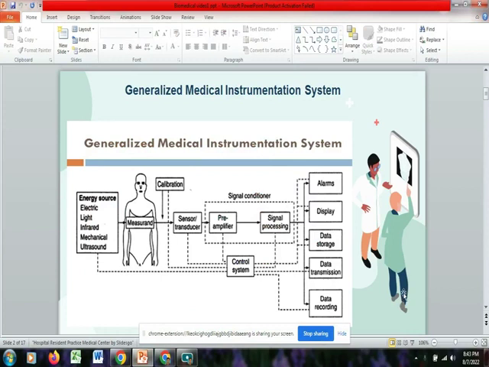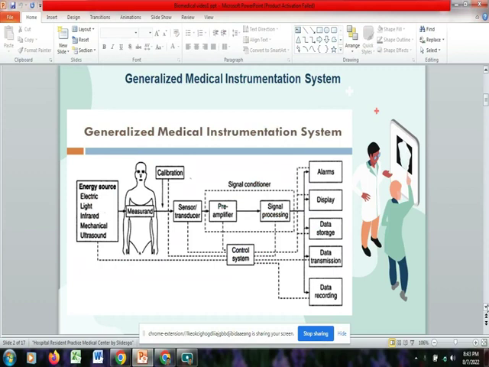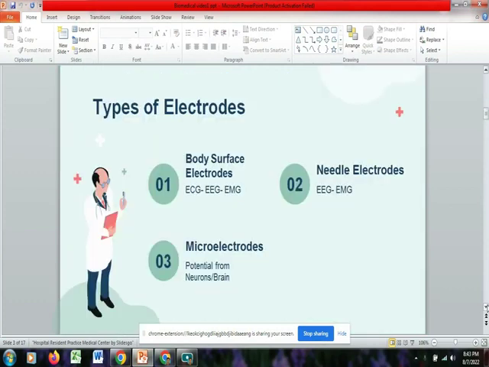Let me move on to the electrodes. There are a lot of types of electrodes used in biomedical instrumentation systems in the medical field. The types of electrodes are majorly classified into three types. Body surface electrodes are used to measure ECG, EEG, and EMG signals.